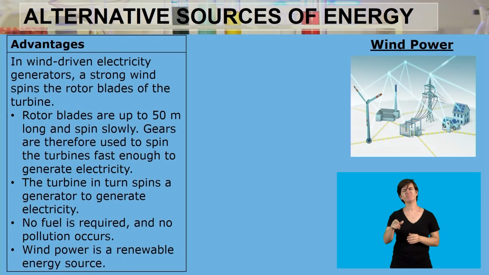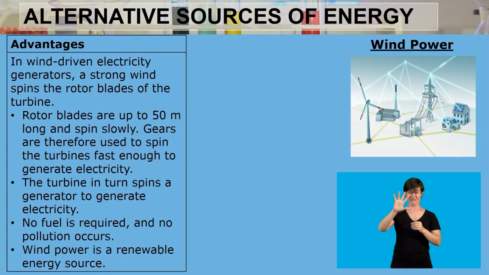With regards to wind, what are the advantages? In wind-driven electricity generators, a strong wind is going to spin the rotor blades of the turbine. And remember, once the turbine spins, the generator is going to spin and therefore produce electricity. The rotor blades are up to 50 meters long and spin slowly.